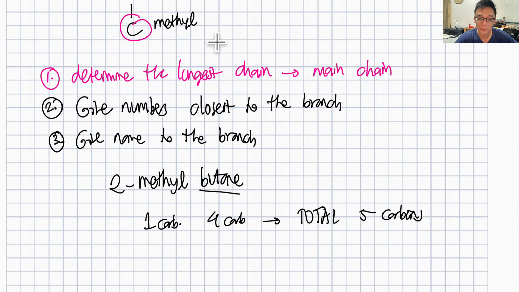So if you would like to write the molecular formula for 2-methyl butane, it will be C5 and then H12. If you don't believe me, you can try to check this and draw all of the remaining hands of carbon, fill it with hydrogen, and then it should show 12 hydrogens. This is the naming for alkane.